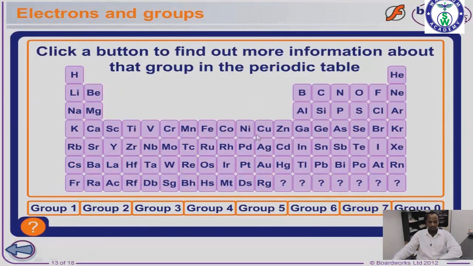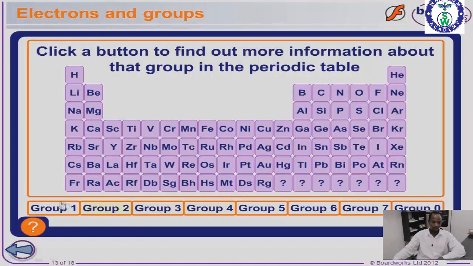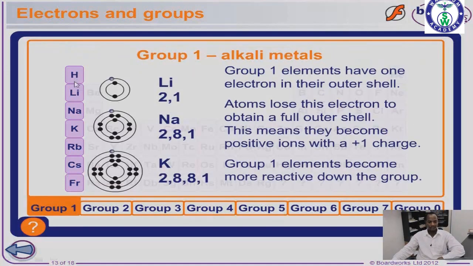Now let's take a look at the periodic table and begin to look at the elements in group 1, group 2, group 3, group 4, group 5, group 6, group 7, group 0, group 8. For group 1, these are the elements: hydrogen, lithium, sodium, potassium, rubidium, caesium, francium.